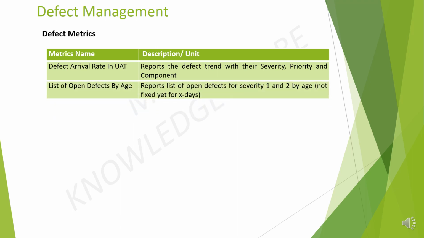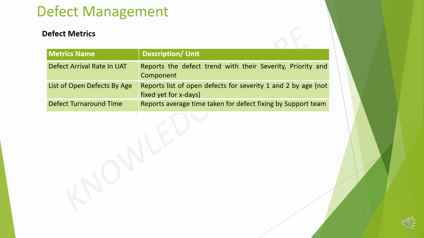Next, list of open defects by age. We will report the list of open defects for severity 1 and 2 by defect age. Next, defect turnaround time. Here we will report the average time taken for defect fixing by the support team.